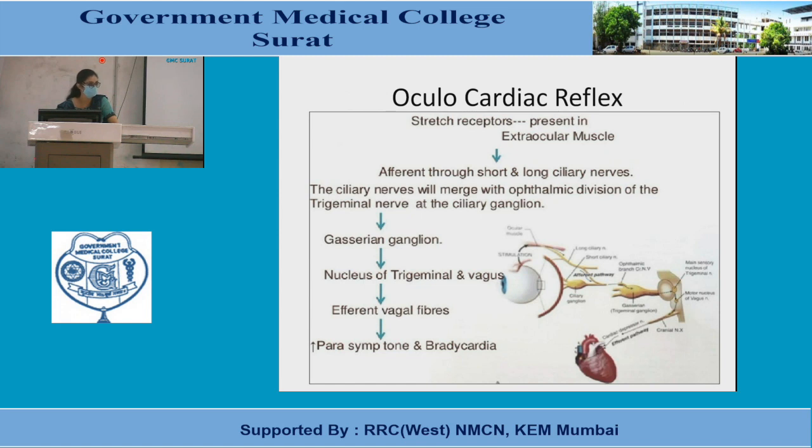The afferent is the trigeminal nerve and the efferent is the vagus nerve. This reflex occurs whenever the muscles are stretched, either when you are trying to take up the bridle suture or when you are massaging the eyeball. This is the commonest time that an oculocardiac reflex occurs.